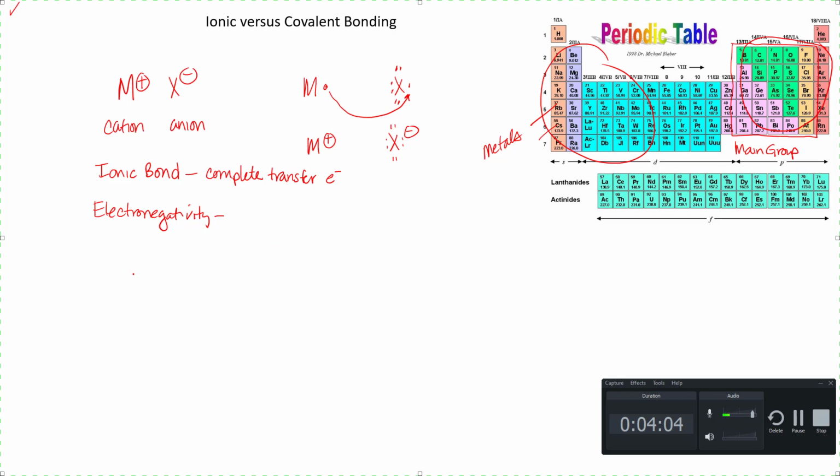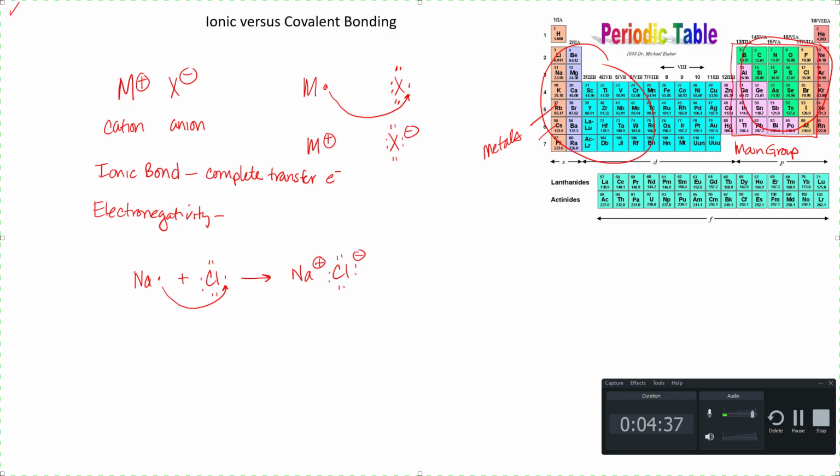Simplest case would be if I took sodium metal and I reacted it with a chlorine atom. The sodium would give up its electron to the chlorine. We would end up with a sodium plus, and our chlorine becoming a chloride ion, and so we would make NaCl, which is a good example of an ionic compound.